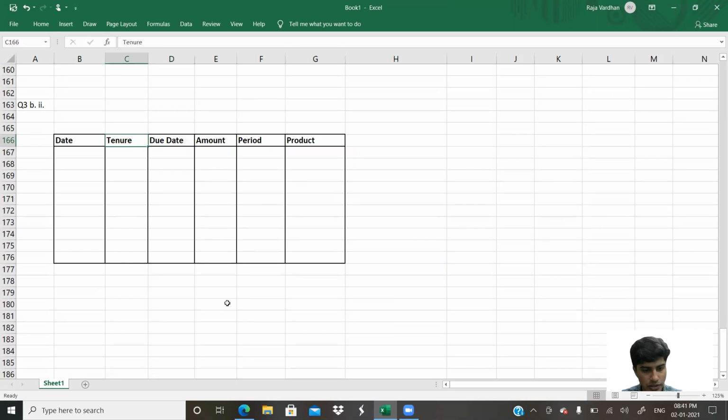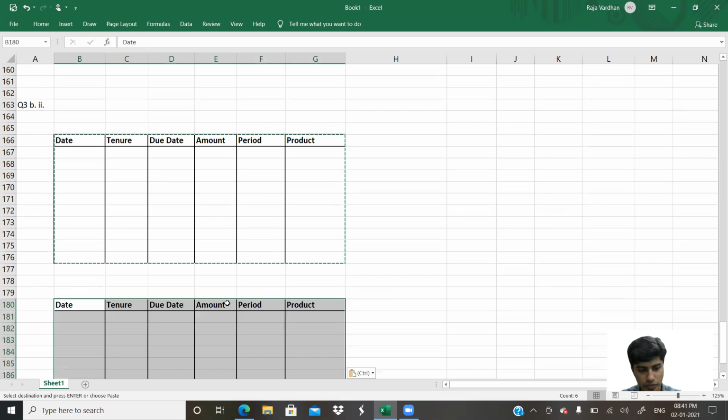Yes, this is one table ready. I would have to do a similar table for bills payable also. I'll copy and paste this right below and use it. So this is for bills receivable.